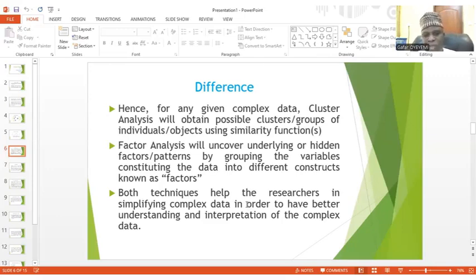Call them constructs; this construct is known as a factor. They are both techniques for simplifying complex data in order to have a better understanding and a good interpretation of it, by uncovering hidden patterns that may be inherent in a given complex data. So that's what they both do.